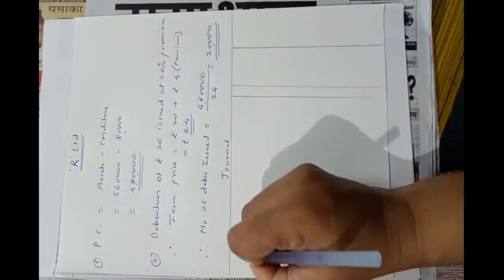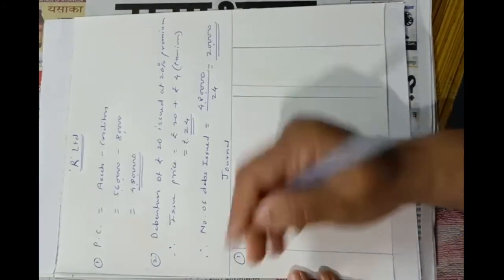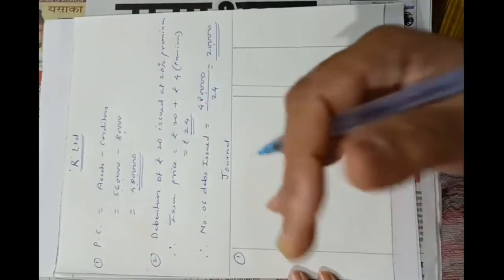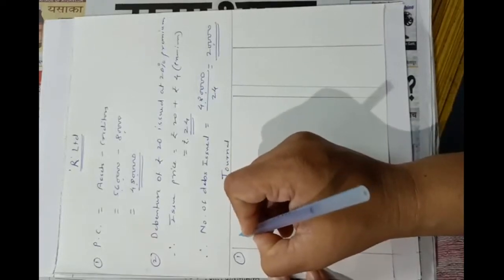First journal entry will be all assets account should be debited, to liabilities account, to S Limited's account.